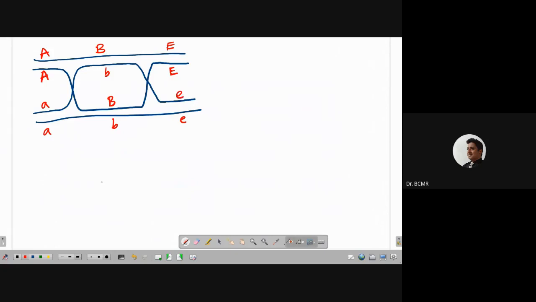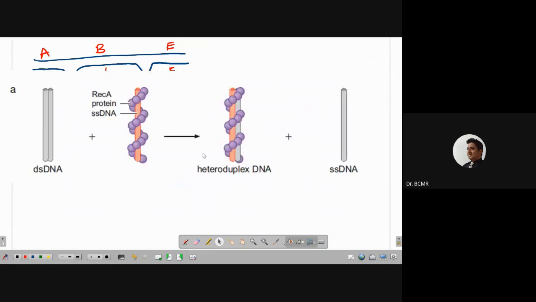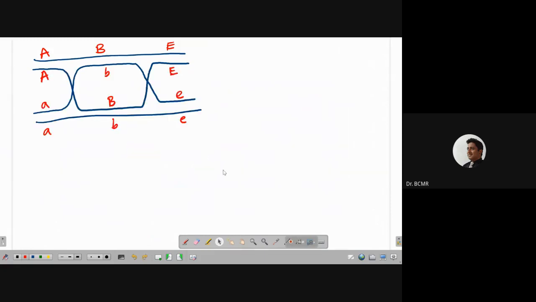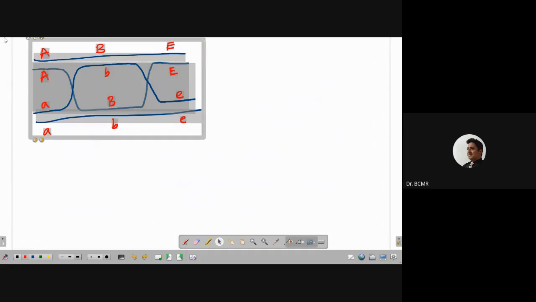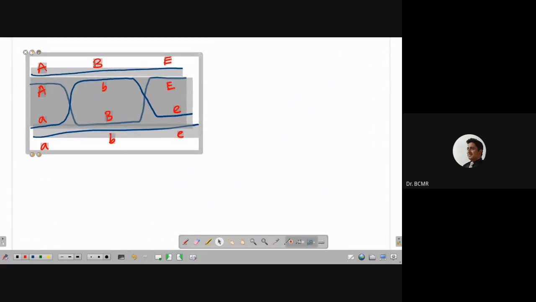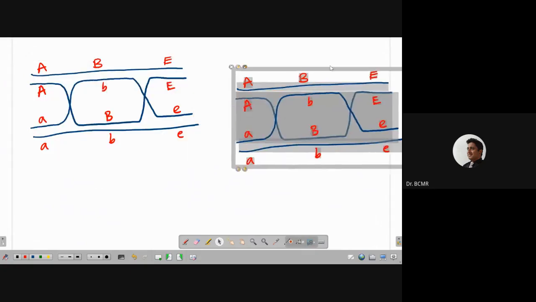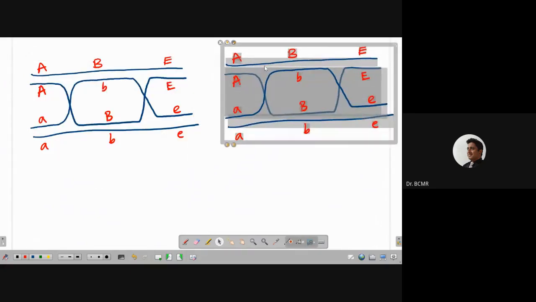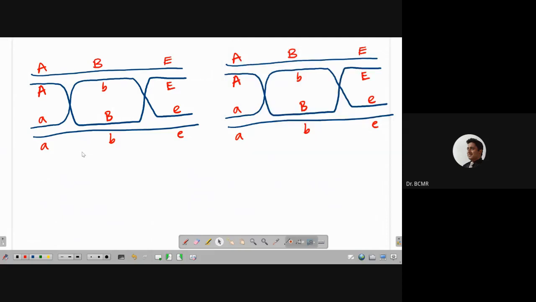Now I will do the easiest one first. I'm going to solve this one, and I'm going to solve both.